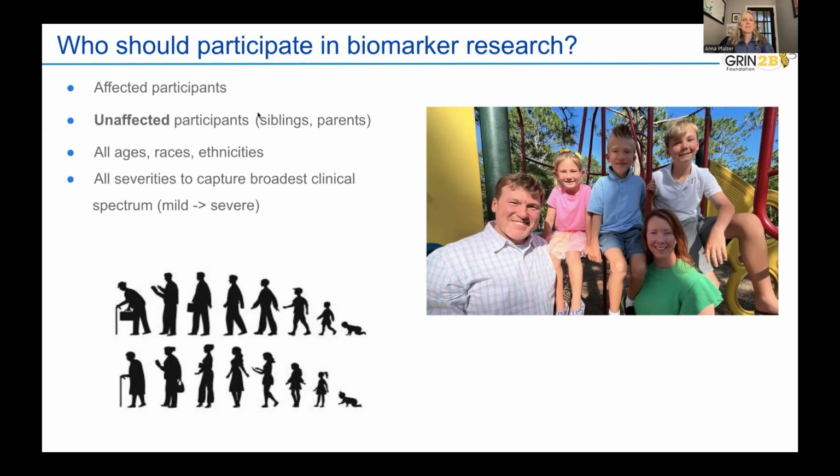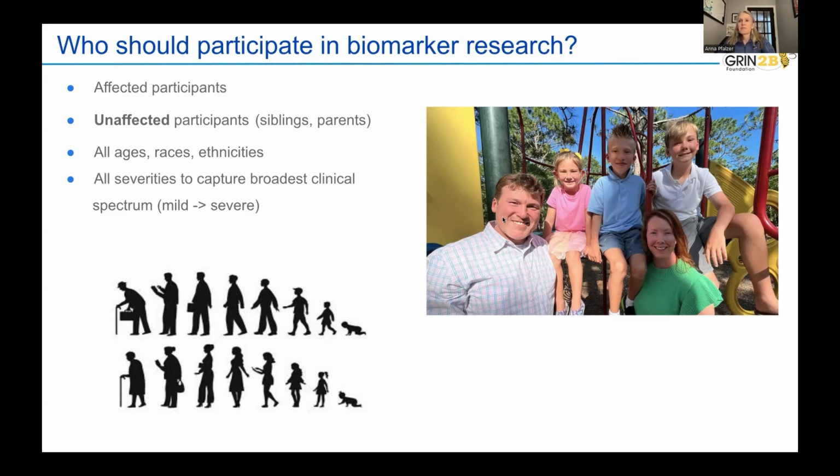And these would be siblings or even parents in some cases can be really good control samples for affected participants. If you think about it, it's really difficult to identify unique differences in an affected population without having an unaffected population to compare it to. So always remember that affected samples are very, very important, but just as important are getting samples from unaffected, potentially age-matched, even sex-matched, unaffected neurotypical participants as well.